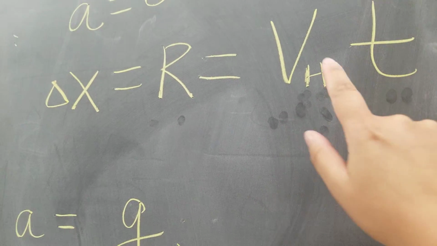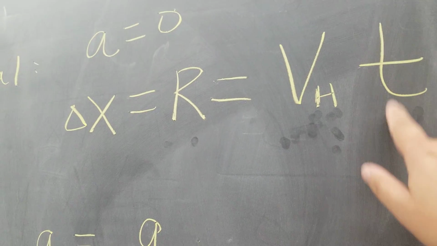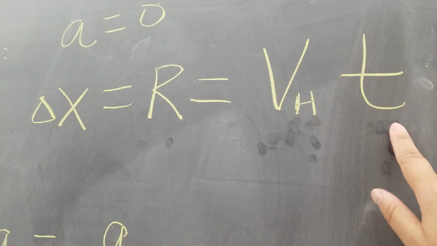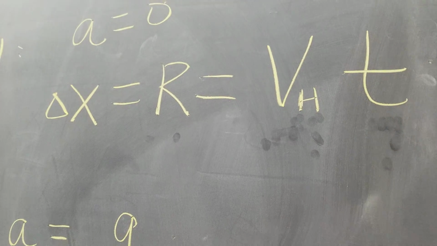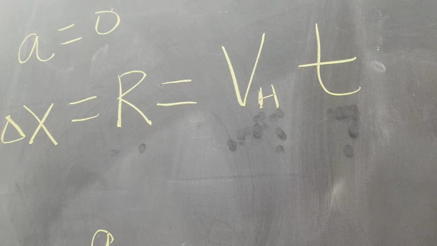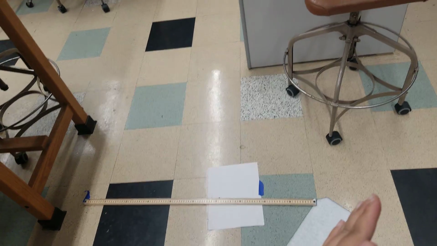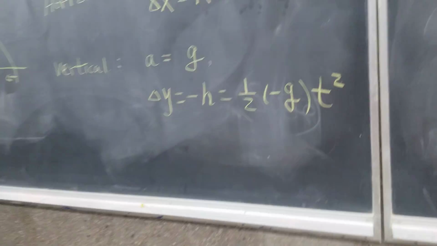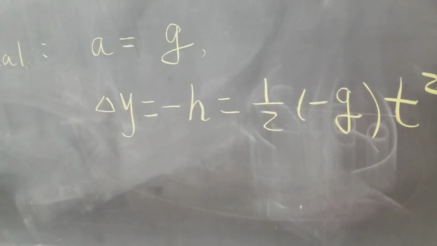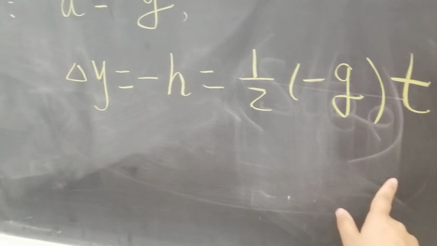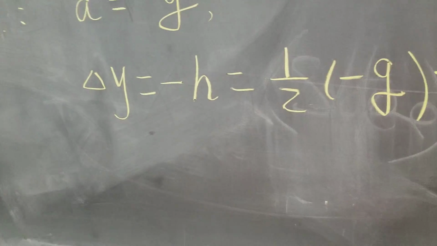But to calculate that range, you also need this time. This is different from the gate time. This is the time the ball is in the air during the projectile motion, after it leaves the photo gate until it hits the ground. To find the time, you analyze the motion in the vertical direction.